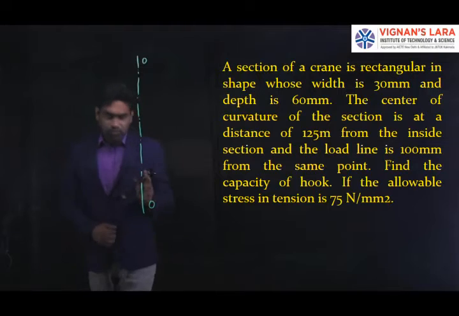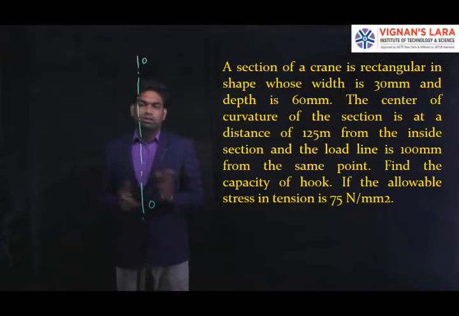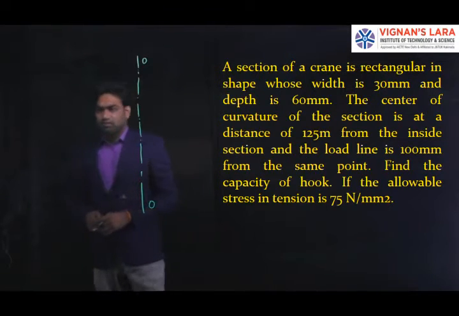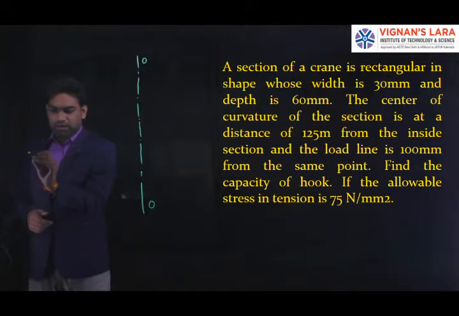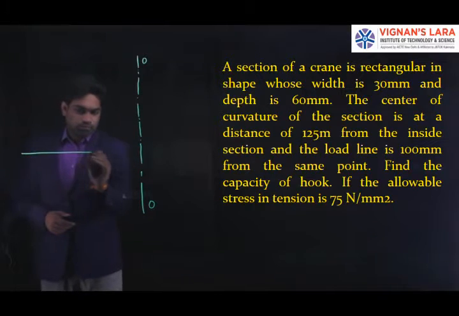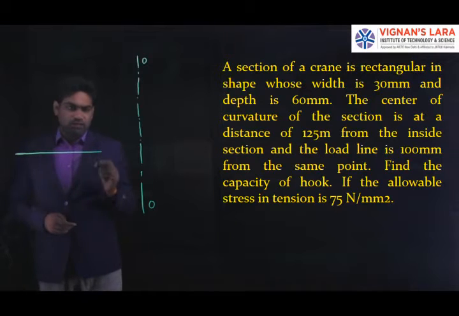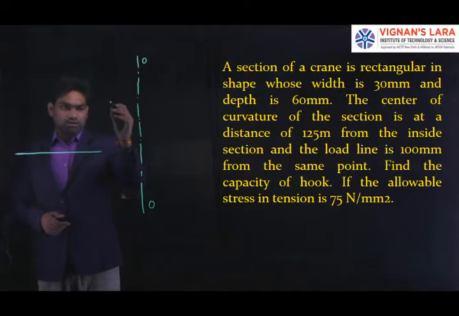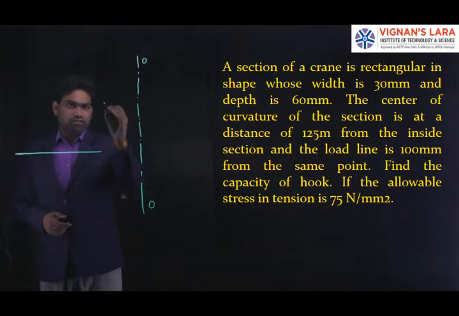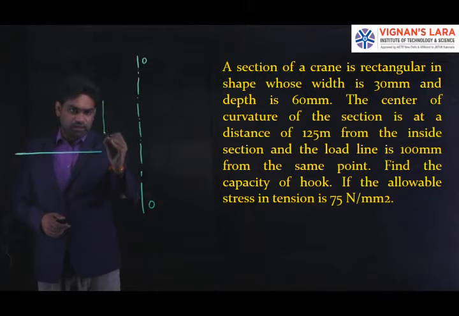Please remember the depth is always perpendicular to the center of curvature line. So the depth is 60 mm, and the width is parallel to the center of curvature line, and the width is 30 mm. So I need to draw a 30 by 60 rectangle.